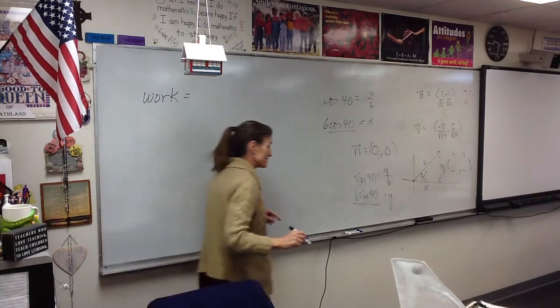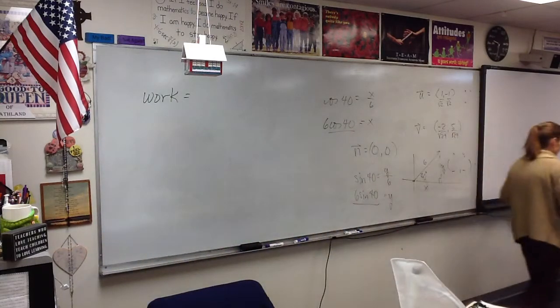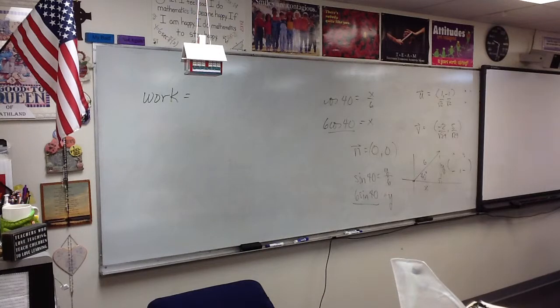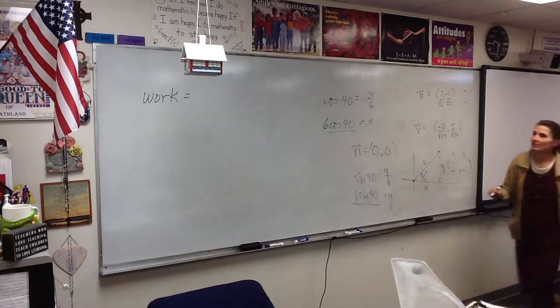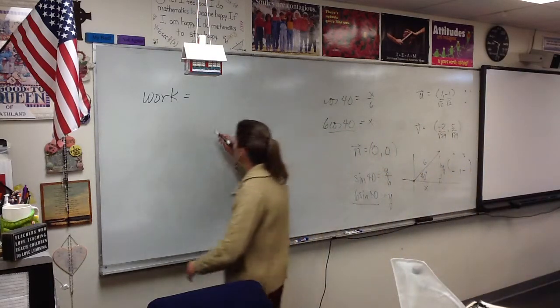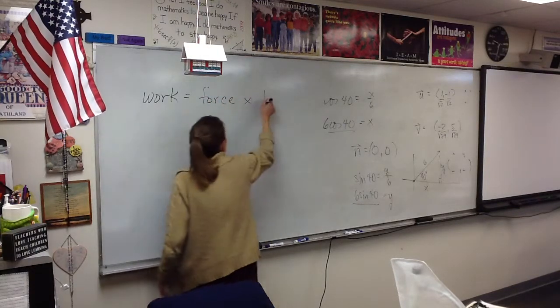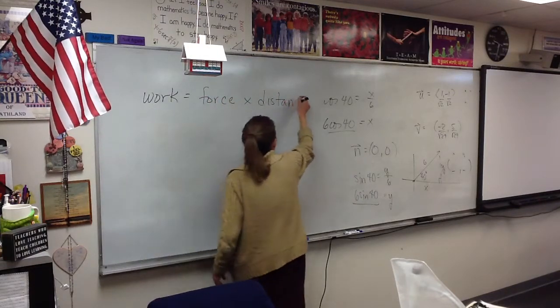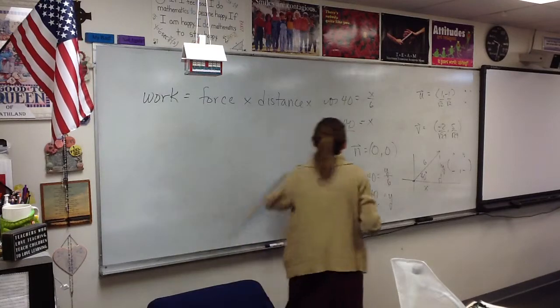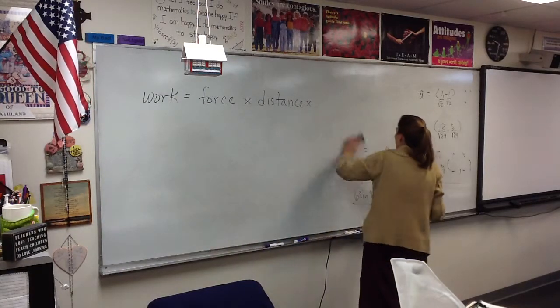Anybody in physics know how we calculate work? Yeah, we didn't do this stuff a while ago. I don't remember. Has something to do with power. It's a force times the distance times the cosine of the angle between them.